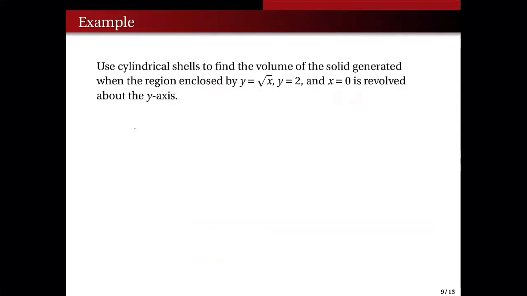Let's try to sketch this. So this is your x-axis, this is your y-axis. You have y equals square root of x. And then you have y equals 2. Let's say this is your y equals 2 here.